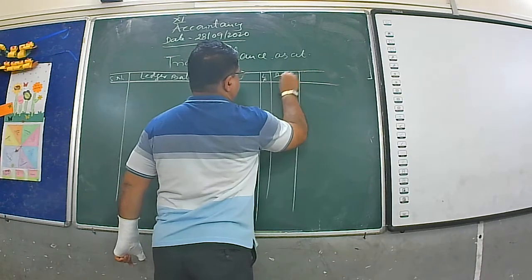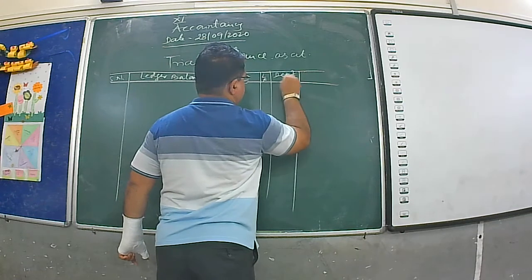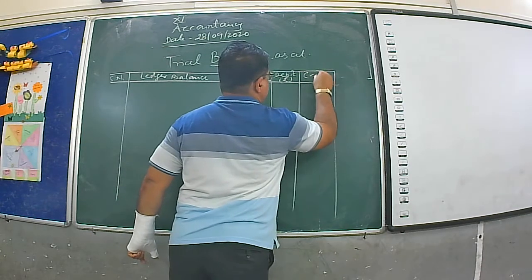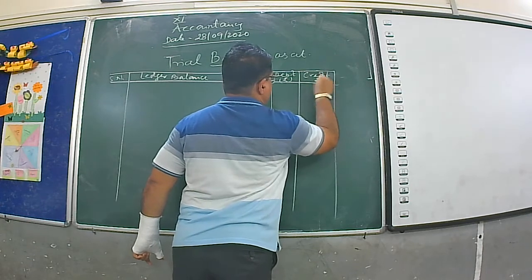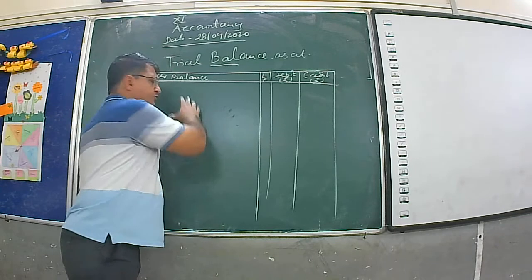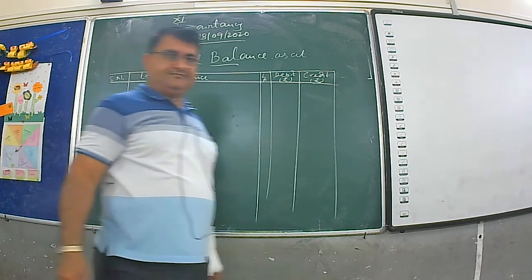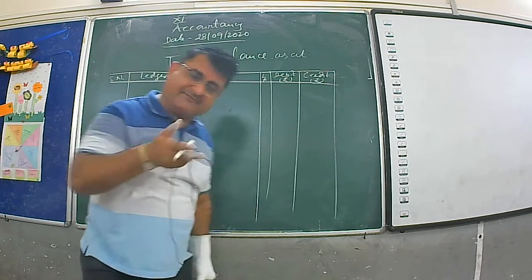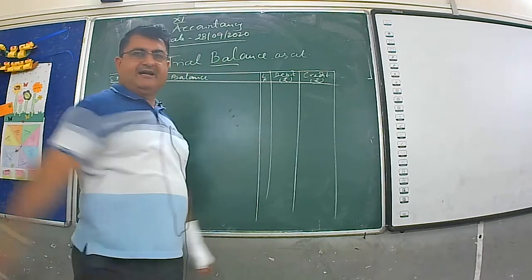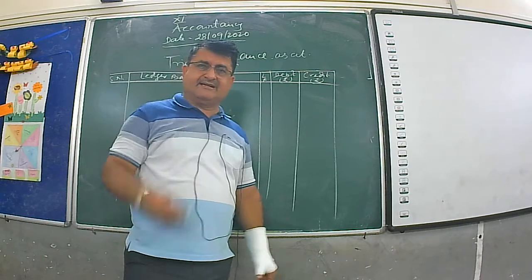This is your debit aspect, and the next one is the credit aspect. Those accounts whose balances appear on the debit side of the ledger account will come on the debit side of the trial balance.